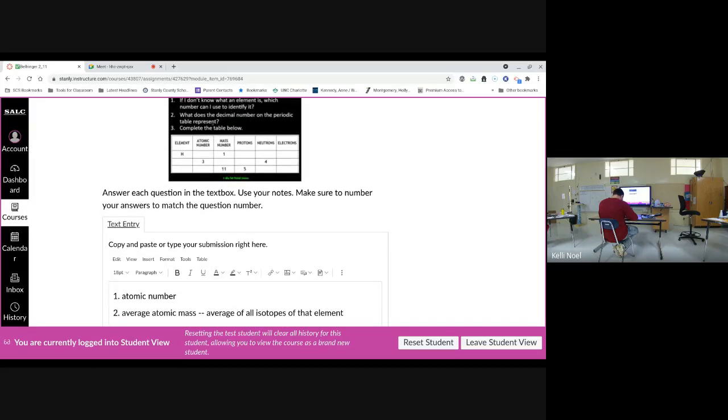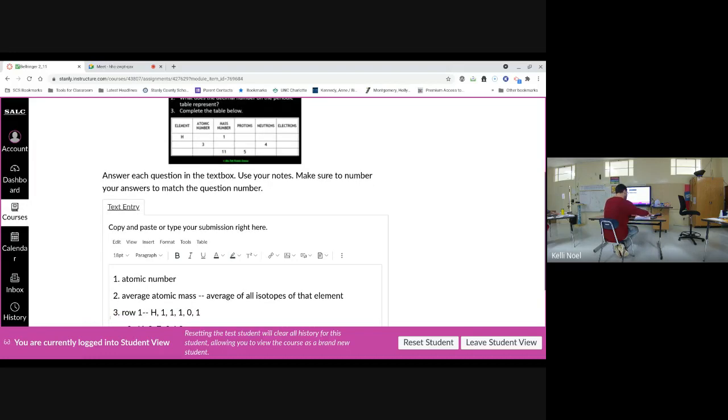Now, to fill in this bottom part, for number 3, I can't make a table this way for you to fill in. So we're going to use the periodic table. So you're going to find H. H is actually hydrogen. It's on the left-hand side. What is its atomic number? 1. So how are you going to write this? I don't know any other way than to show it. You're going to do row 1. With the H that was given, atomic number is 1.